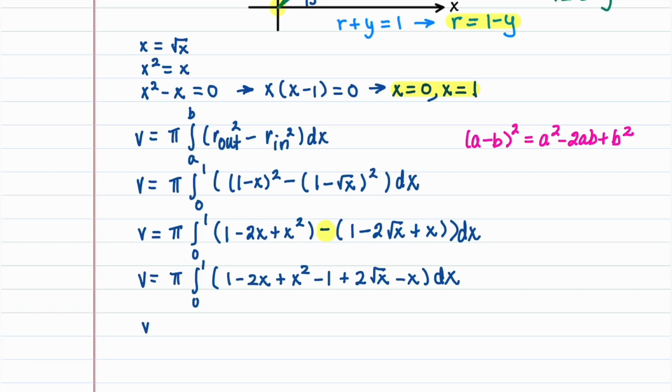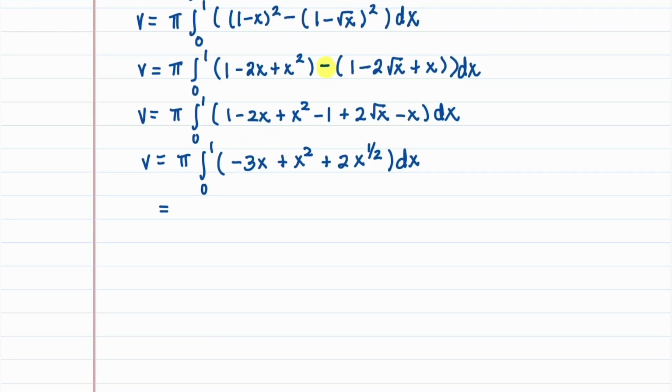Now it looks like we can simplify this before we integrate it. The ones are going to cancel. We can combine our x's, so we have minus 3x plus x squared plus 2 root x, and I'm going to write this as 2x to the 1/2, because that makes it easier to integrate.